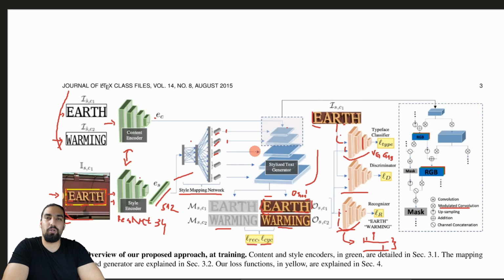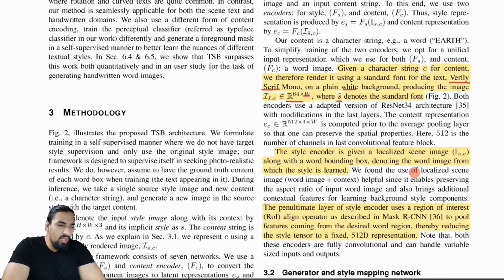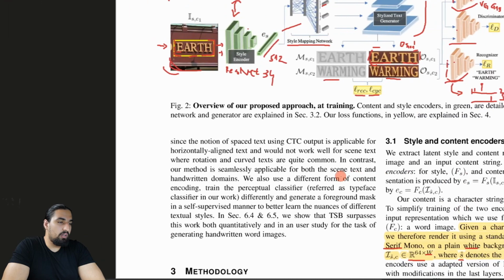They just render it. The style encoder is given a localized scene image along with a word bounding box denoting the word image from which the style is learned. That's the part I explained to you here.